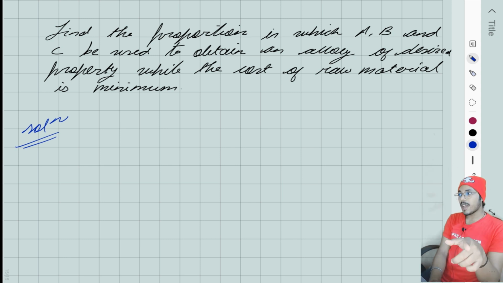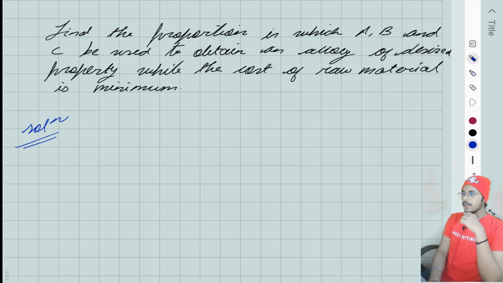The alloy should have specific gravity of 0.98, chromium content of 8%, and melting point of 450 degree centigrade. Chromium should be more than or equal to 8%, and specific gravity should be less than or equal to 0.98. These are the constraints.